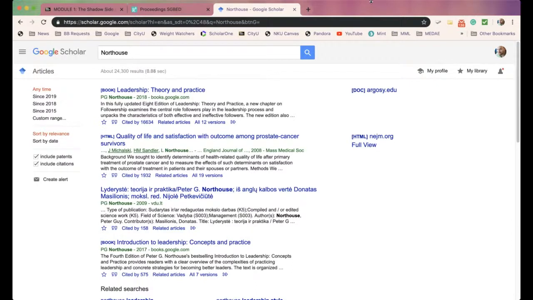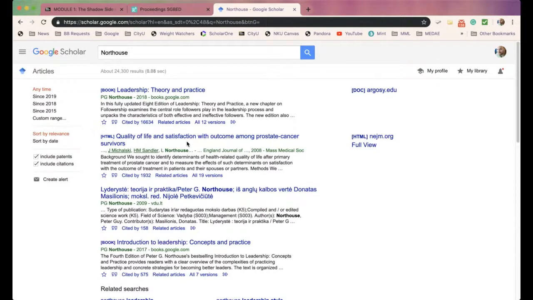His books are often used. And so I go down here. Can you see my mouse? Yes, I go down here to cited by. So Northouse's book, Leadership Theory and Practice, has been cited by 16,000 people. I would say Northouse is a pretty relevant author if he's been cited by 16,000 people.